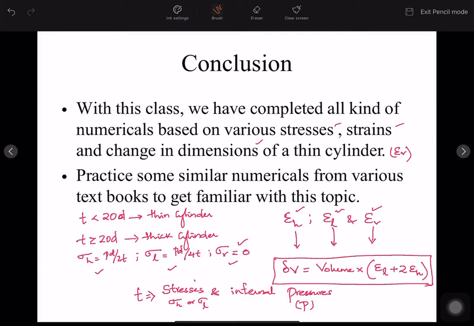So based on these conditions, we can finalize the thickness of the cylinder, which is a major part of this topic, because again this is related to the initial thing. If this thickness is less than 20 times the diameter of the cylinder, then only we can consider it a thin cylinder, right? So we started with thickness and we are ending with thickness of the cylinder.